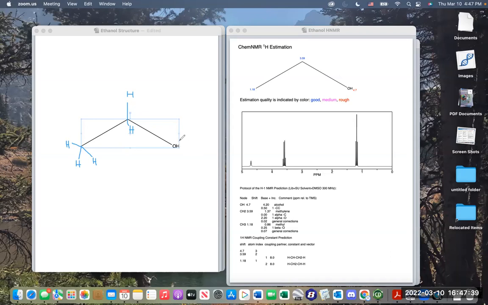So the hydrogen connected to the oxygen will have a much different chemical environment than any of the other hydrogens in the compound. So this hydrogen over here will appear as its own separate signal on the NMR spectrum.